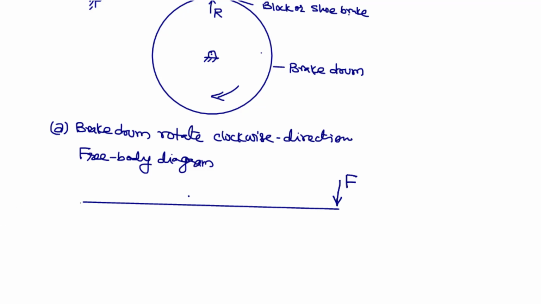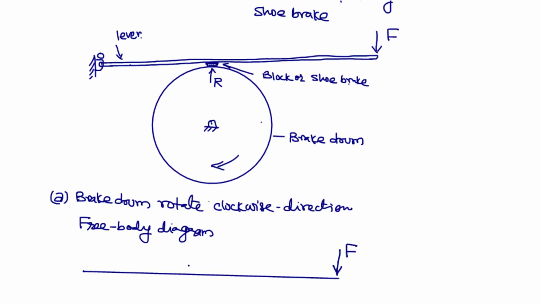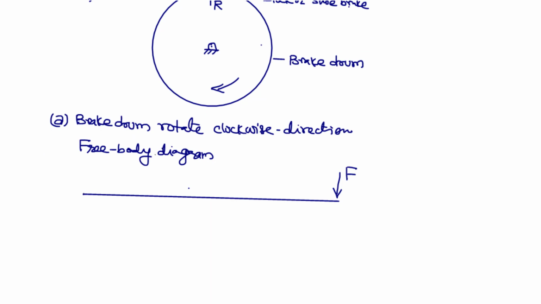This is the hinge point, and here the reaction between brake drum and lever is R. Now the brake drum rotates clockwise, so the friction force acting at the contact point is mu R, and at the hinge point O the reactions are RH in the horizontal direction and RV.